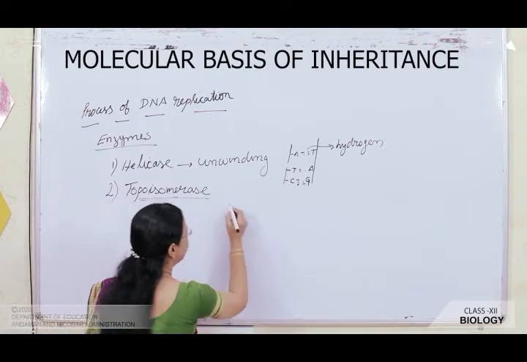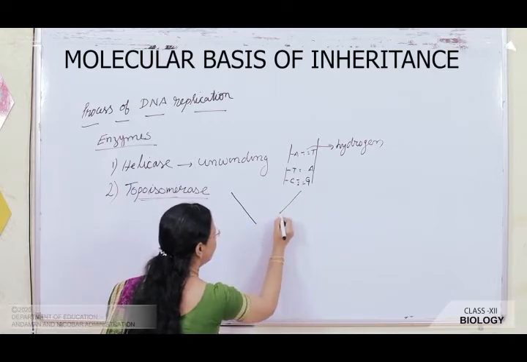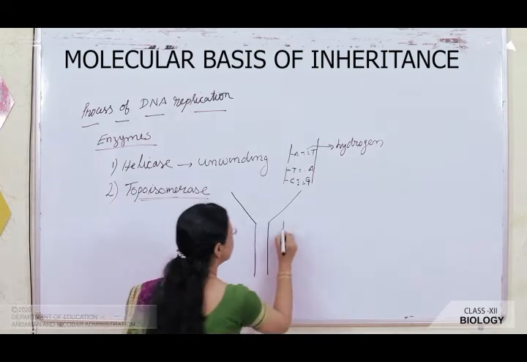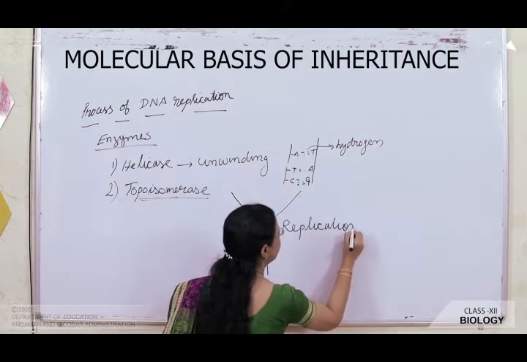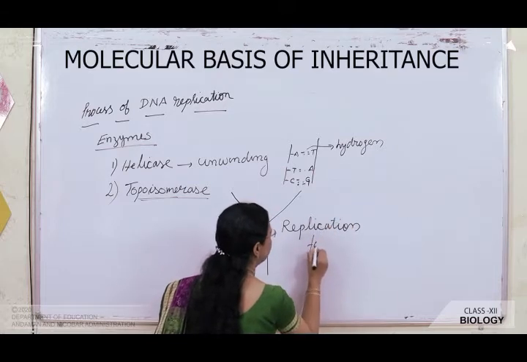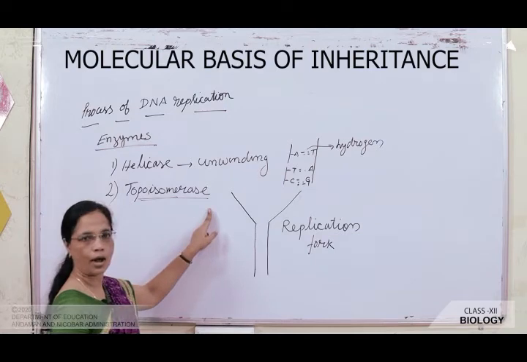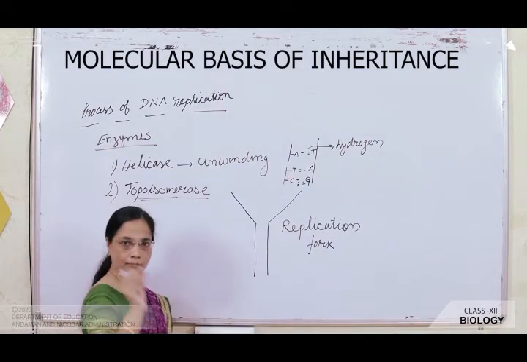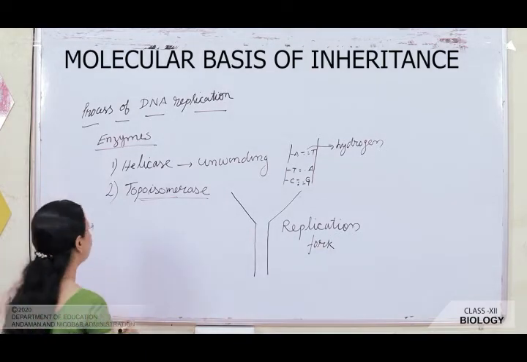After that it forms a Y-shaped fork. That fork is known as the replication fork. So this is the role of topoisomerase: it releases the tension of the strand by cutting the strand and a replication fork is formed.